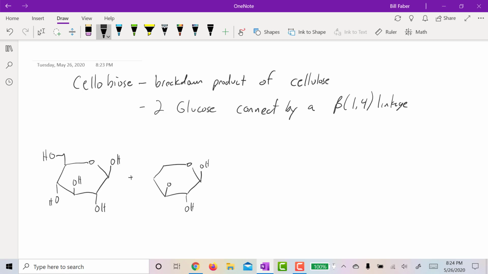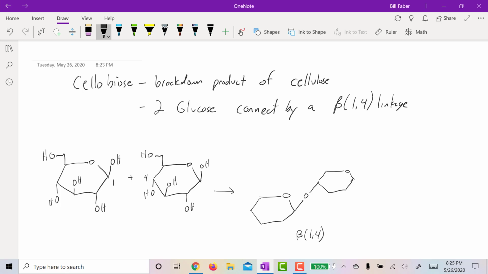And if you think about the way this is going to link together, this is carbon 1 and this is carbon 4, this whole glucose molecule sort of has to shift up. And so the way this looks is like that. Okay, that's with all the other stuff out of the way. This is a beta 1,4 linkage.